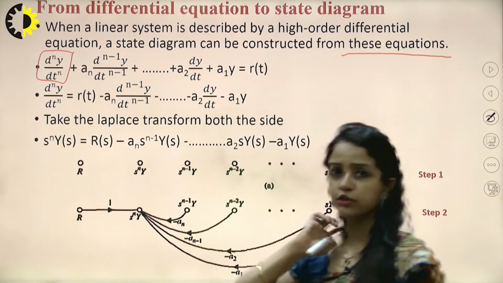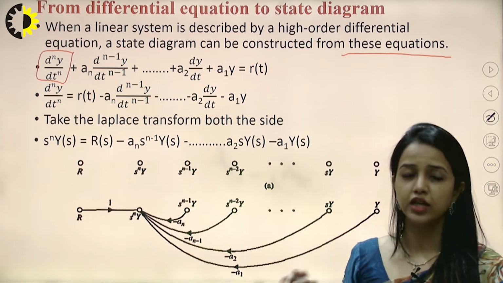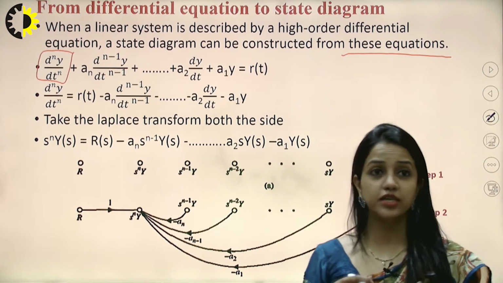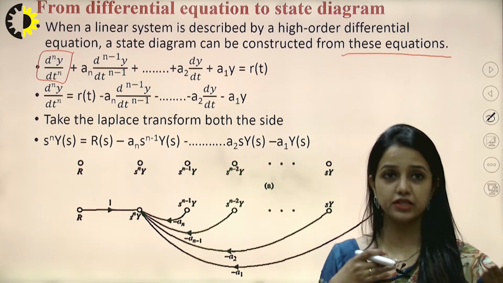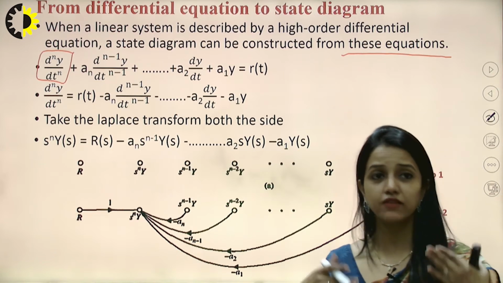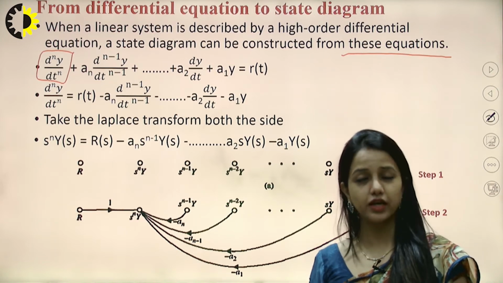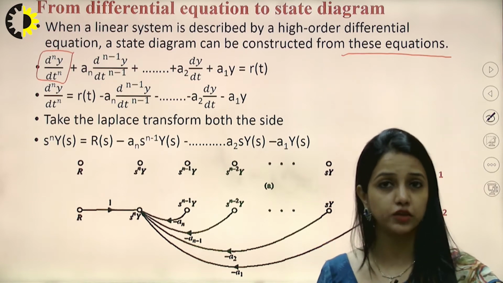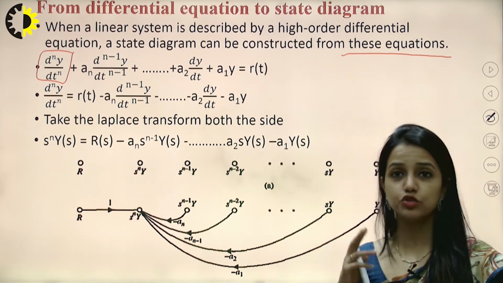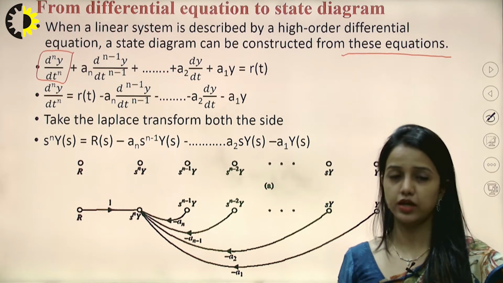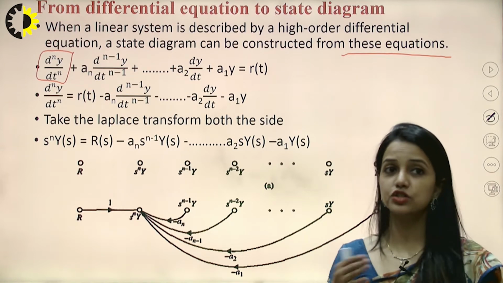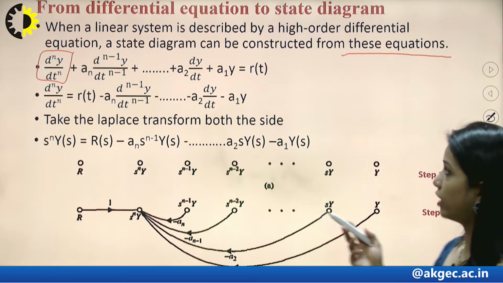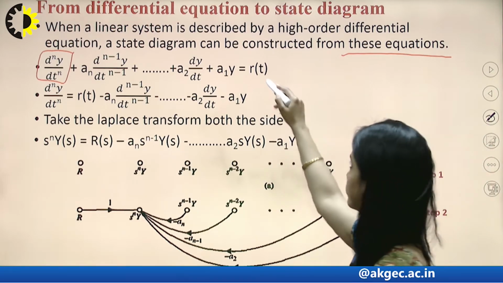An nth order differential equation will have n number of state variables, as we have studied previously. Consider a second order differential equation: the order of the equation is 2, so we will have two state variables, x1 and x2, and the differential state vectors will be x1 dot and x2 dot.